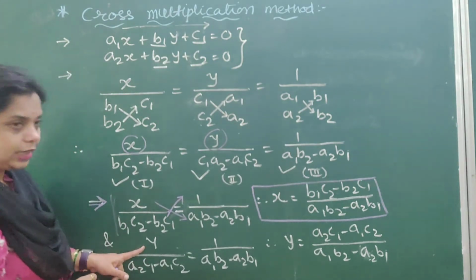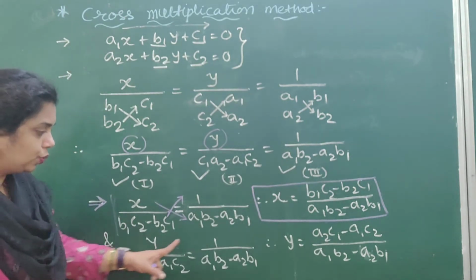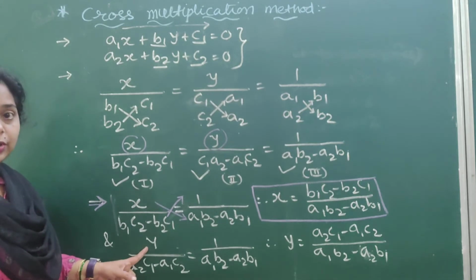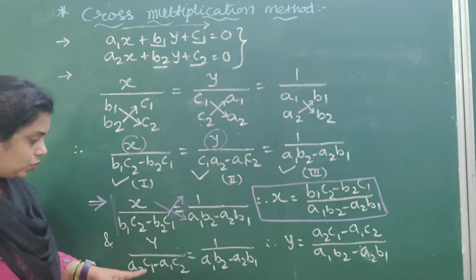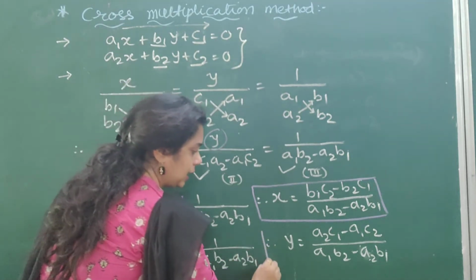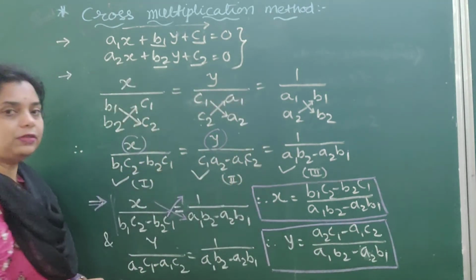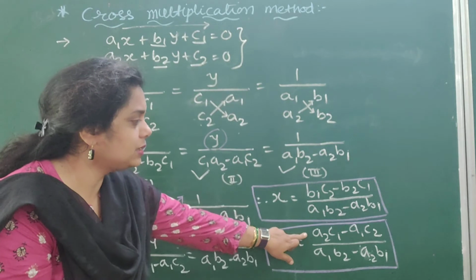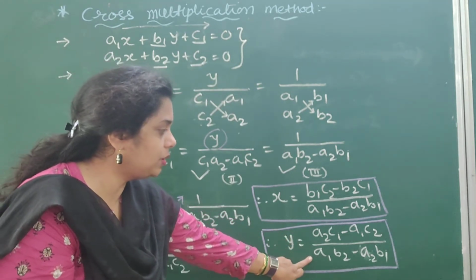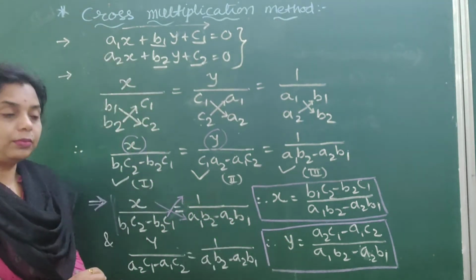And here again when we compare 2 with 3, we are able to get the value y. So in this way I got that y is equal to a2 c1 minus a1 c2 by a1 b2 minus a2 b1.